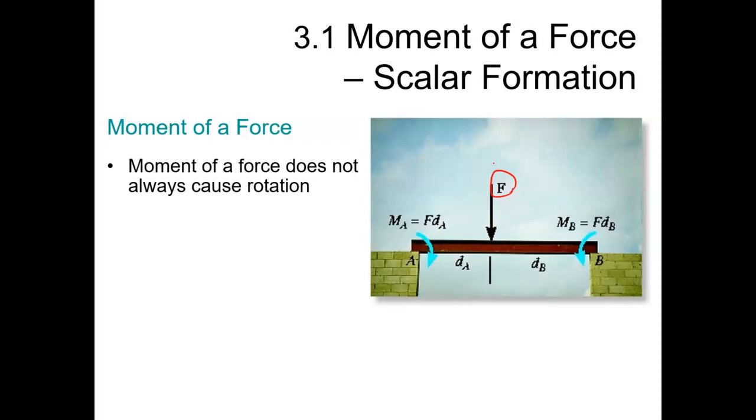But to answer this question, F makes a negative rotation about point A, and it makes a positive rotation about point B. So you have to add these two effects together and see whether the resultant is positive or negative. Okay?